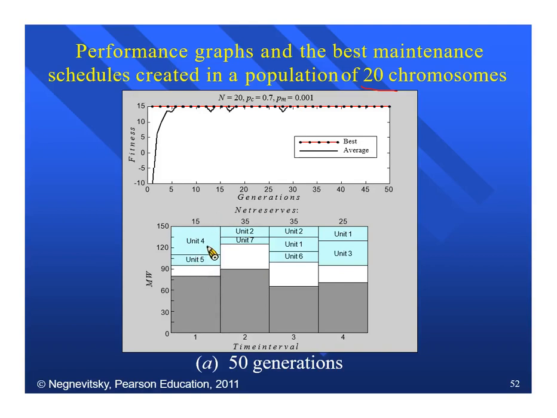For example, in the first time interval, unit 4 and unit 5 do the maintenance. In the second interval, unit 2 and unit 7 maintain. In the third interval, unit 2, unit 1 and unit 6 do the maintenance. And in interval 4, unit 1 and unit 3 do the maintenance.